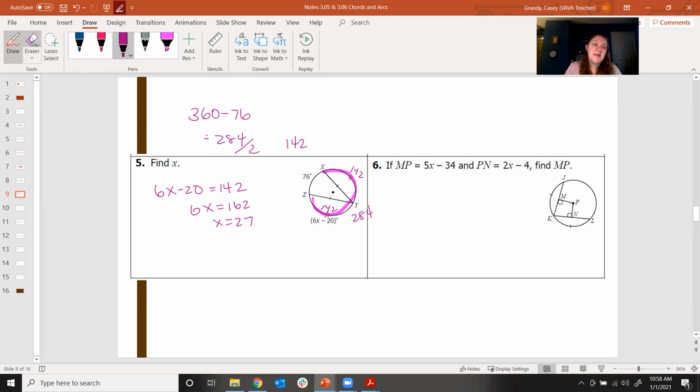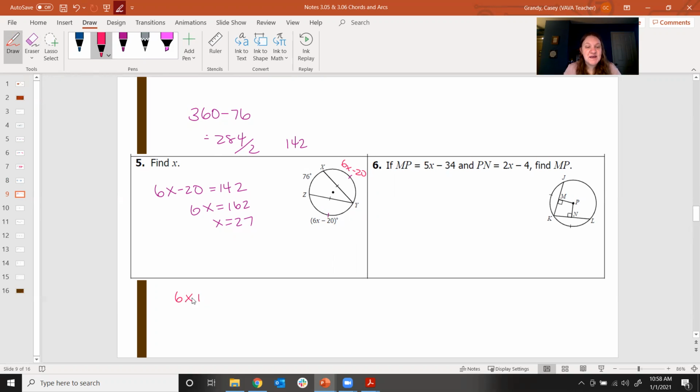Now, there was an alternate way, and maybe you were thinking of this way. So just in case you were, I want to confirm that you were correct. If ZY is 6x minus 20, you're allowed to also label this as 6x minus 20. And you know that an entire circle is 360.